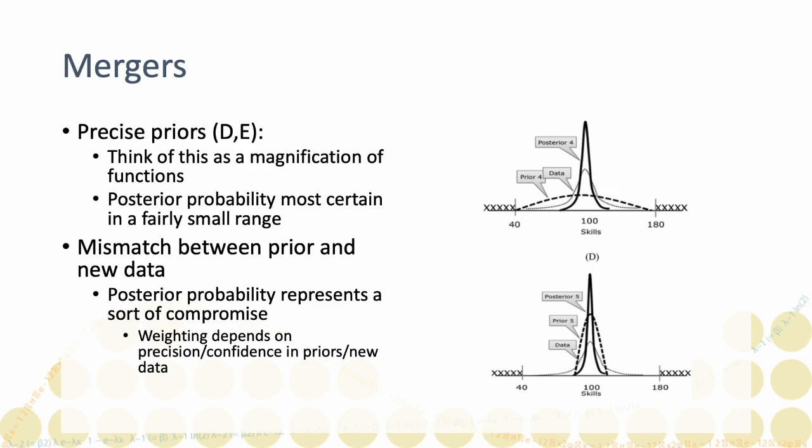Prior 5 is even more specific, indicating that although the test scores could range between 40 and 180, you think the population mean most likely falls between 90 and 110, but again 100 is the most likely value. There will be regions in which the prior and observed distributions mismatch and where they overlap. The PPI will reflect a compromise between those distributions.